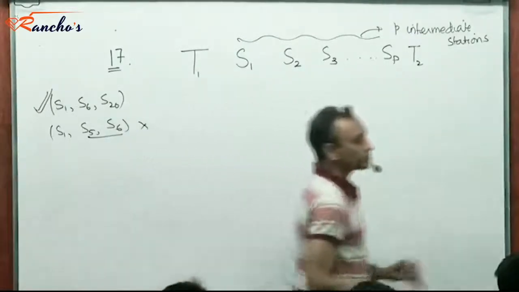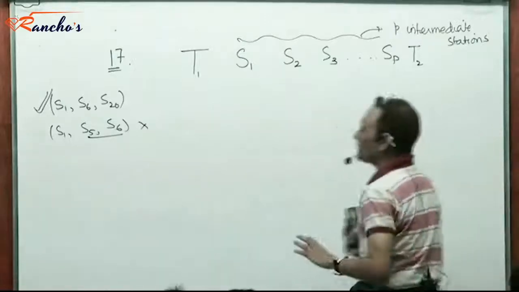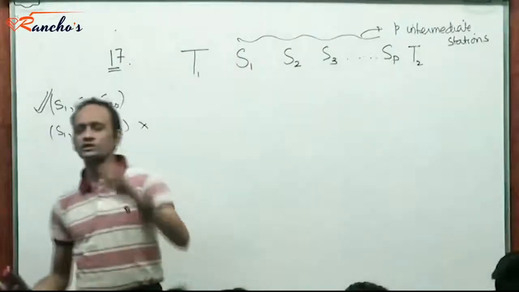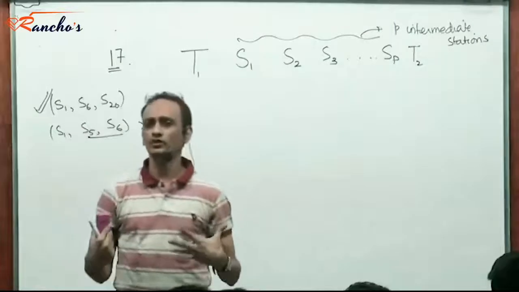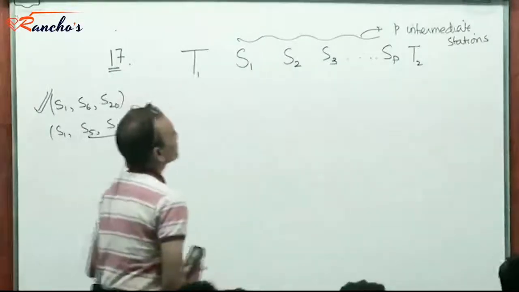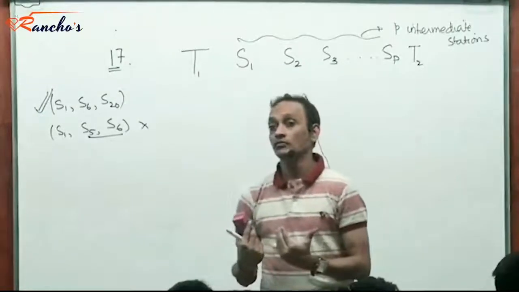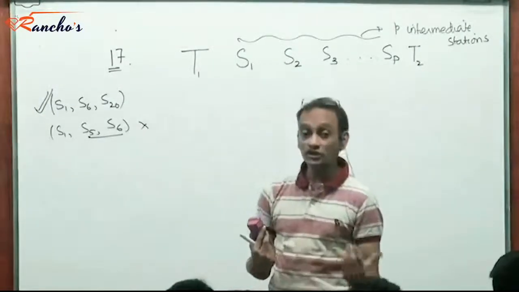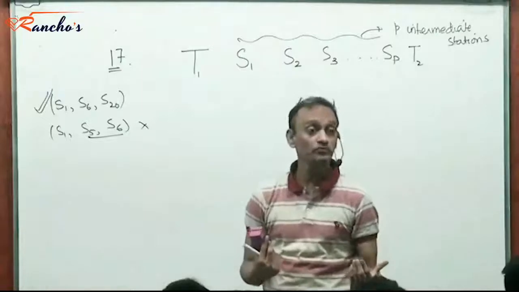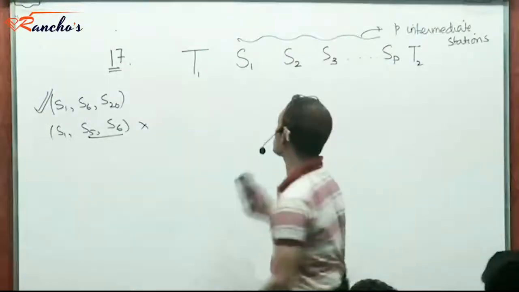Now, see, the way almost all these problems are solved is what's called the gap method, where instead of looking at the stations where the train stops, we look at the stations where it does not stop.